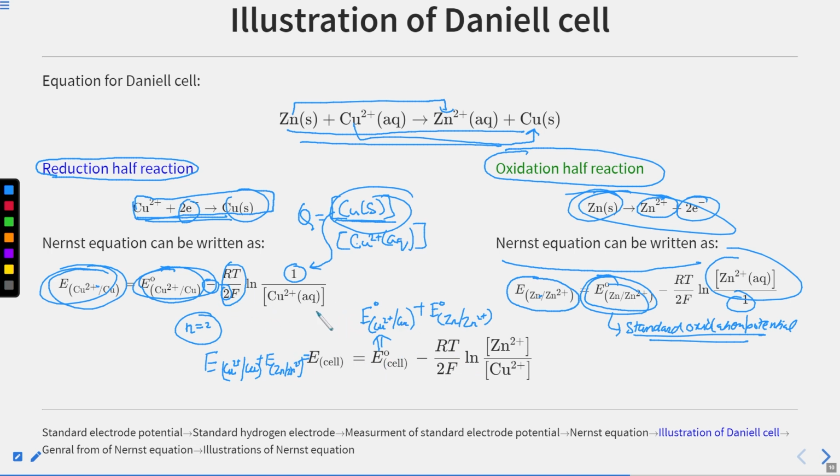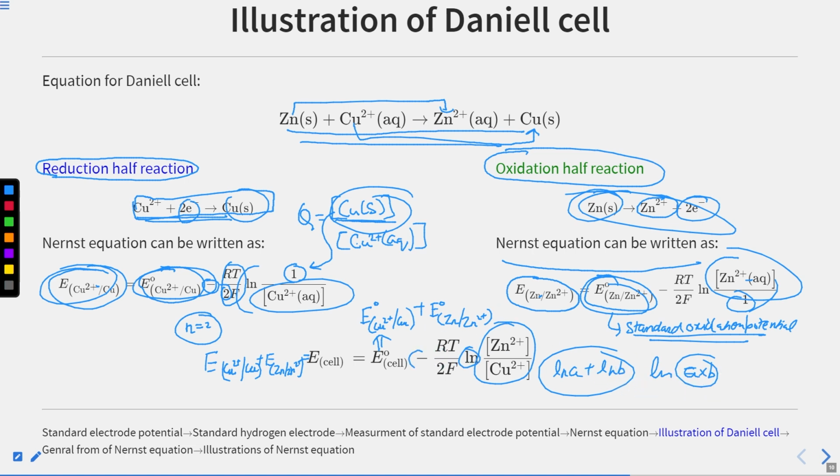Again we have taken RT by 2F common, and we have used a simple logarithmic property which says that ln A plus ln B is equal to ln A into B. So we have multiplied these two things, 1 by Cu2+ aqueous multiplied by Zn2+ aqueous by 1. ln will be on the outside, because ln A plus ln B is equal to ln of A into B. We have taken the negative sign common also.